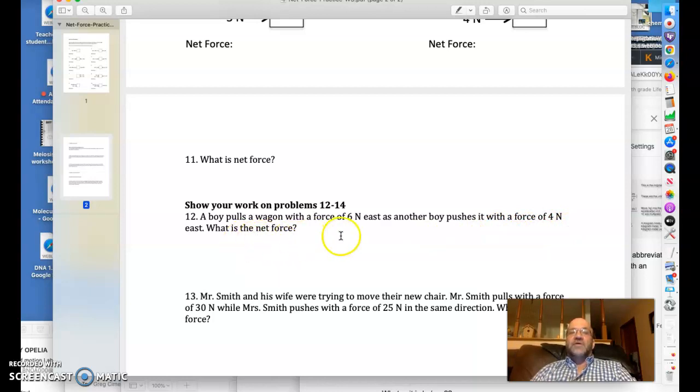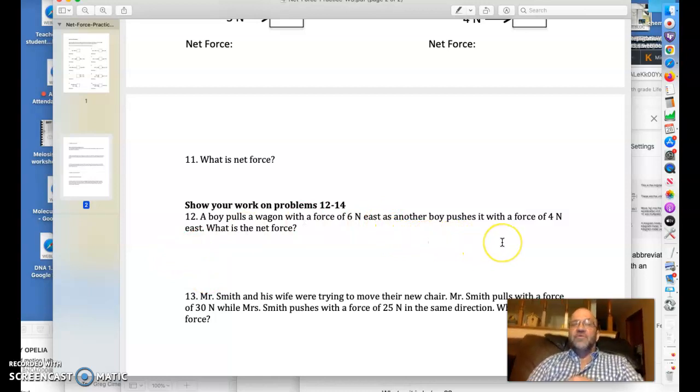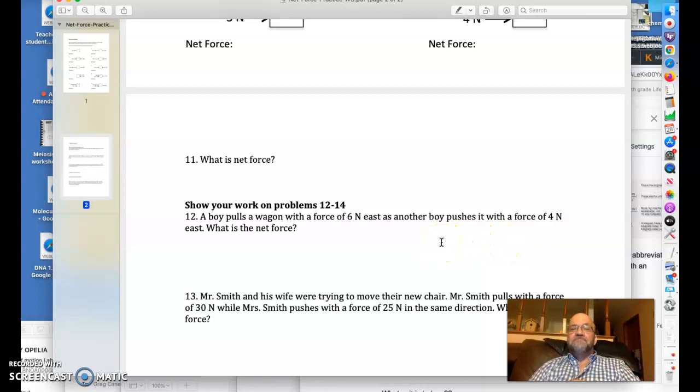What is the net force? Well, they're both pushing in the same direction, east. So what is your assumption? What would you say is the answer for this? I'll just pause and wait. If you said 10N to the east, you would be correct for the answer on here.